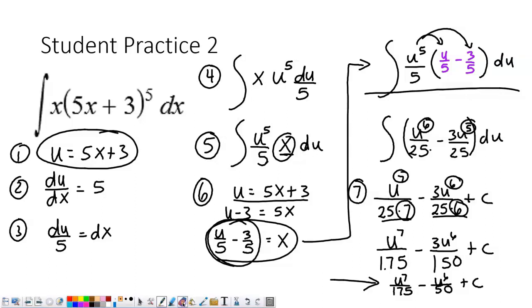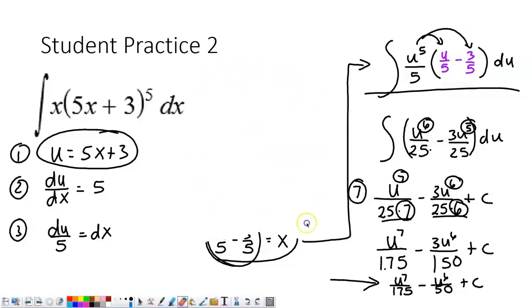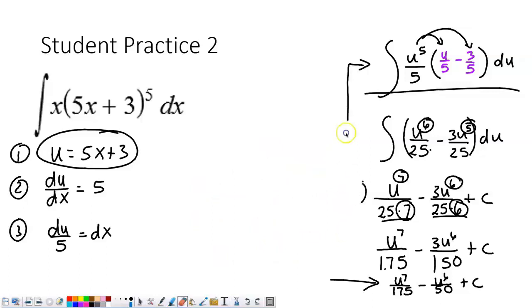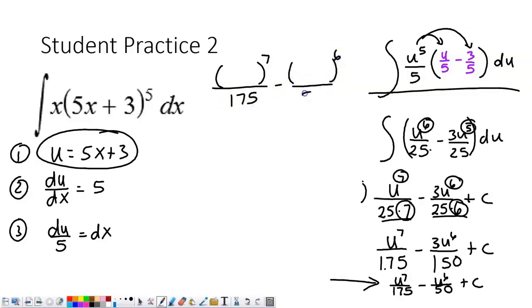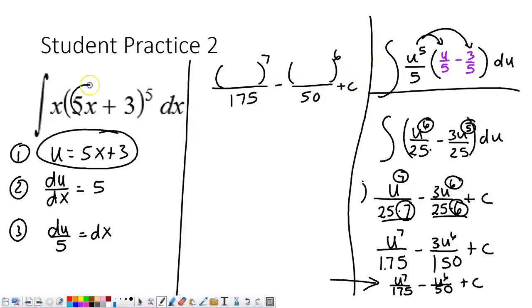The last step is step 8, which I don't think we really need to have you guys pause the video for. Step 8 is just replacing the u with what u equals. So we have u to the 7th over 175 minus u to the 6th over 50 plus c. And u was our inside piece there, which is 5x plus 3.